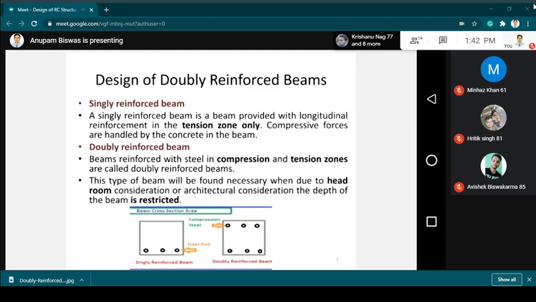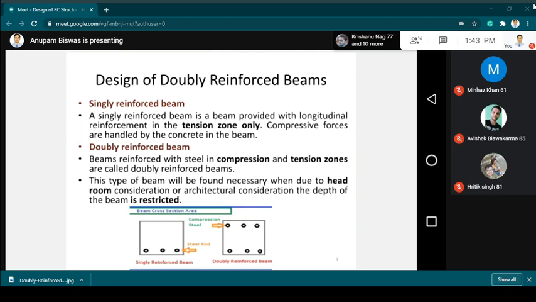When we try to reduce the depth of the beam, we are compromising the moment of resistance that is to be carried by the beam, and that depends on the depth of the beam. If the moment of resistance is not sufficient to resist the bending moment, then our design won't be fulfilled.